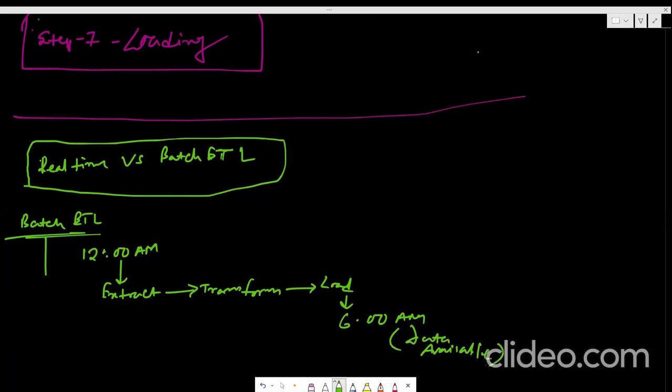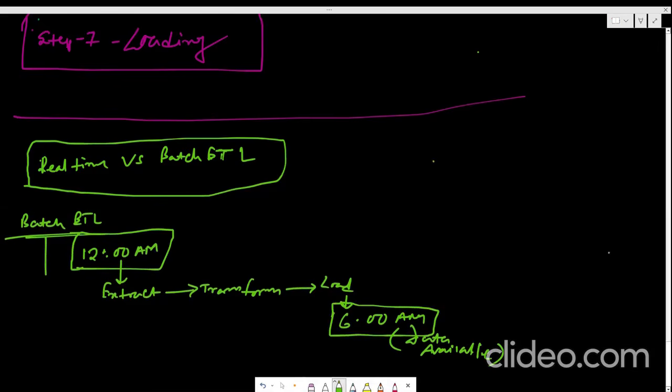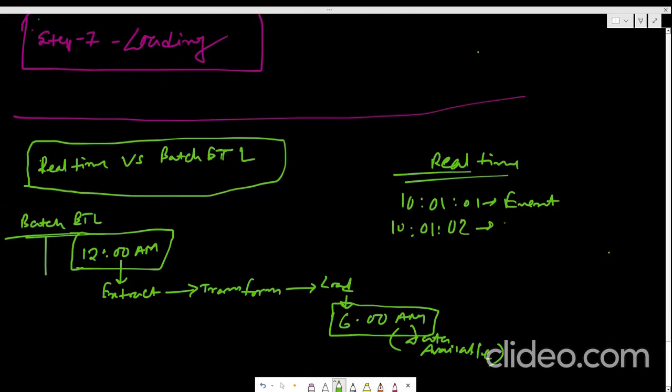So the business might wait several hours, from 12 a.m. to 6 a.m., 6 hours. But if you choose real time, then suppose at 10:01:01 some event is created. Now, at 10:01:02, Flink processes that data.